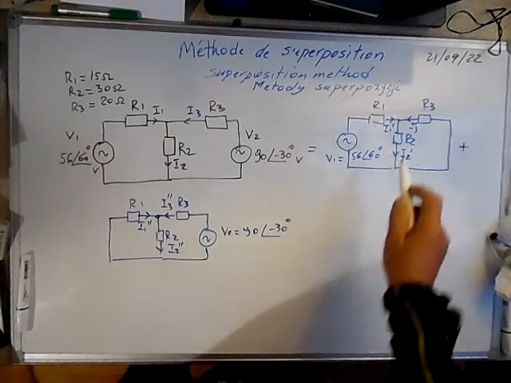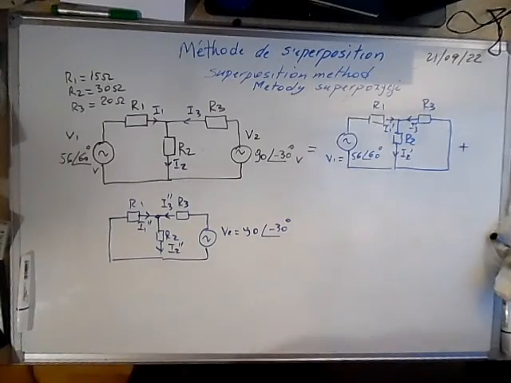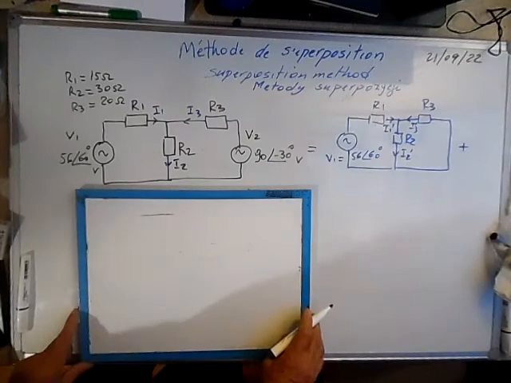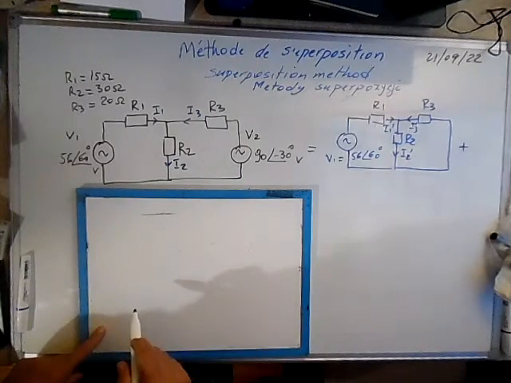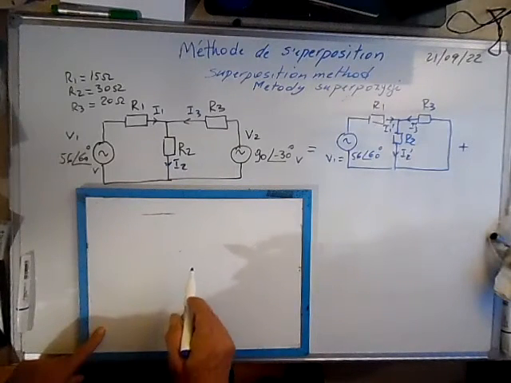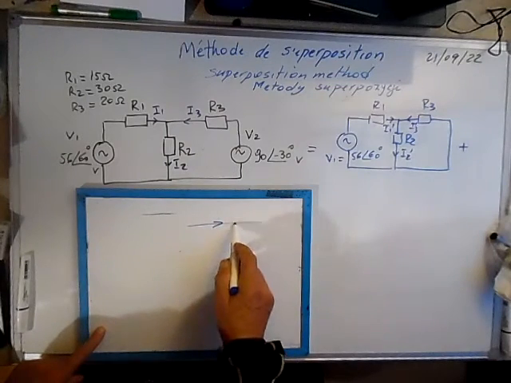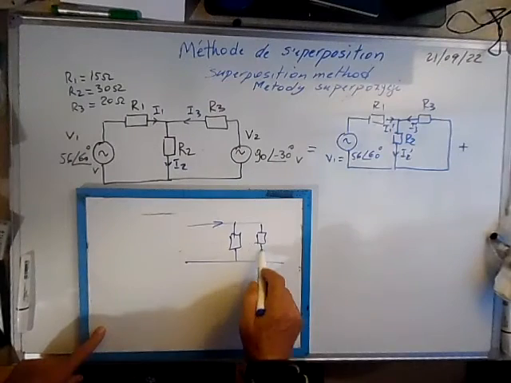Let's start with this circuit and try to calculate I2 prime. As I said, we are going to use the current divider. If you remember, I will quickly give you the equation for the current divider.